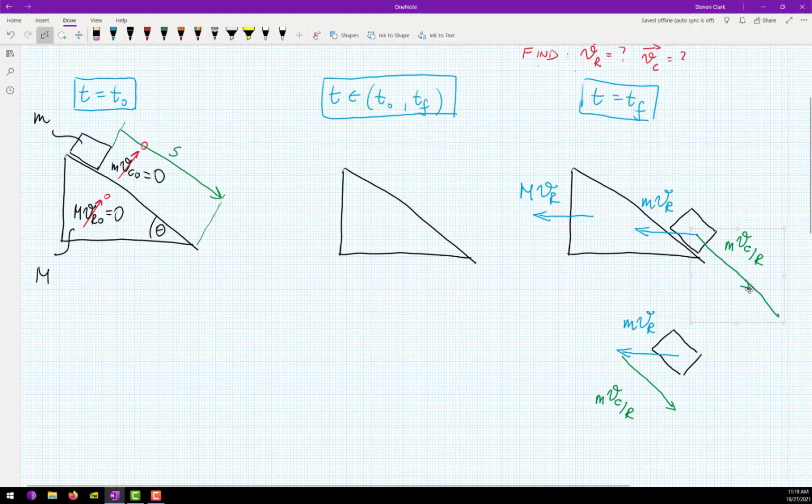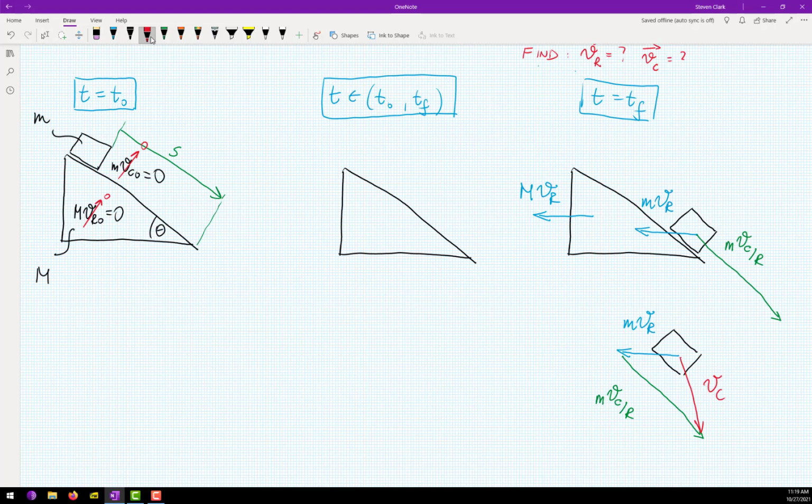So I'm just going to make this vector a little bit longer. So actually our V_C will be pointing this way. I just didn't want you to think that this is a right angle. Okay, so we are done with our momentum equation, sorry, when it comes to our momentums at the beginning and at the end.